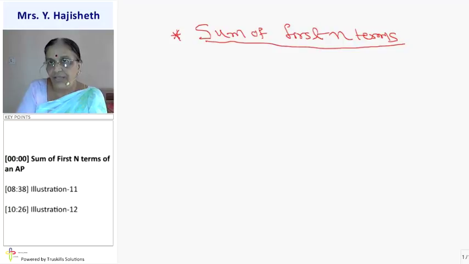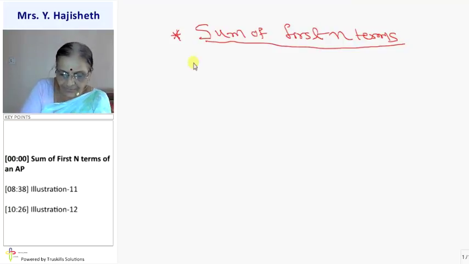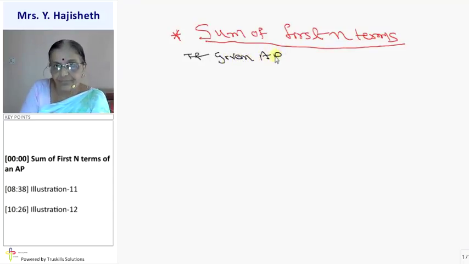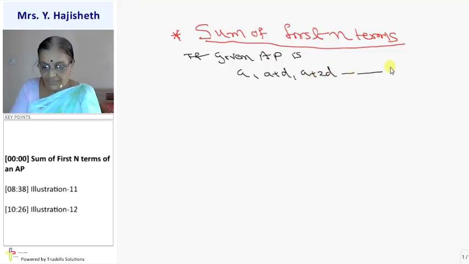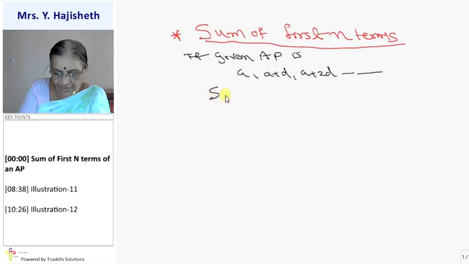So, if you are given an AP, A, A plus D, A plus 2D, and so on, then Sn is defined as the sum of first n terms.